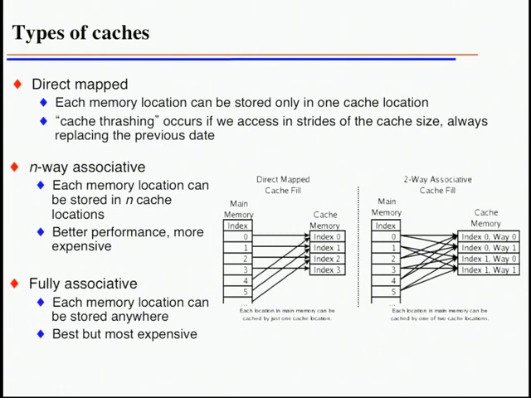Now this is very easy to implement and very cheap. The problem is if you're now going through your memory in a stride, so with steps that are exactly 4 cache lines, you will load the first cache line, then you load the 5th cache line, which will be put into exactly the same cache location as your first cache line.